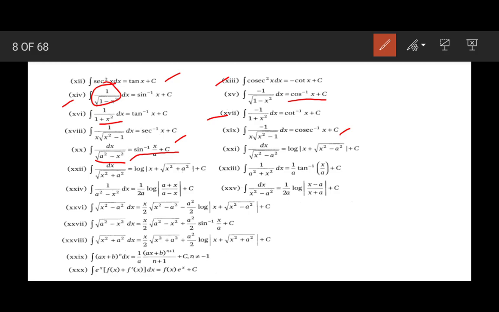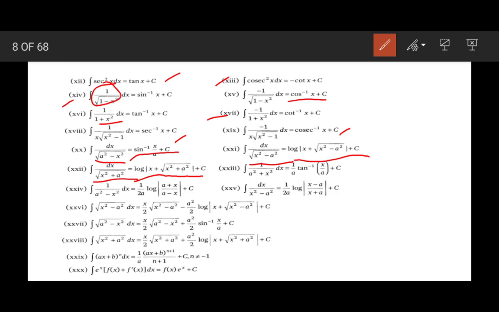If it is dx upon under root of x square minus a square, then it will be log mod of x plus under root of x square minus a square plus c. If it is the integral of dx upon under root of x square plus a square, then it will be log mod of x plus under root of x square plus a square plus c.